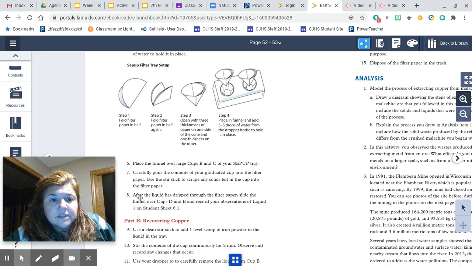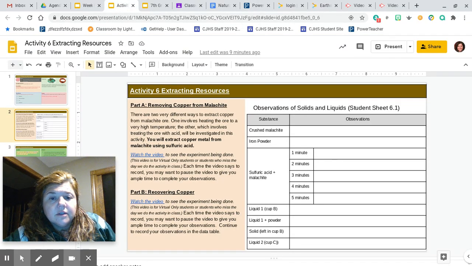So down here, this is step 8 is the last step in Part A. It says after the liquid has dripped through the filter paper, slide the funnel over cups D and E and record your observations of liquid 1. So liquid 1 right here, this is the end of Part A. Liquid 1 plus the powder, this is going to be the start of Part B of these observations.